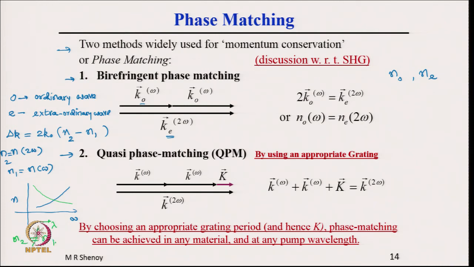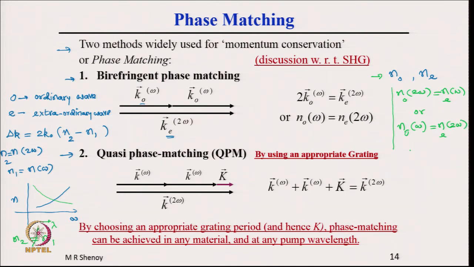So, this is not possible in any normal medium, but if we consider a birefringent medium which is characterized by two refractive indexes NO and NE, it is possible at some frequency that NO of 2 omega is equal to NE of omega, or NO of omega is equal to NE of 2 omega.